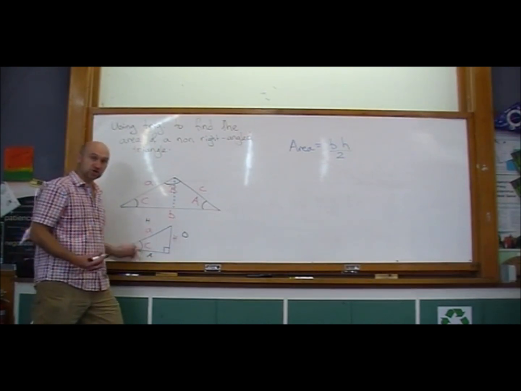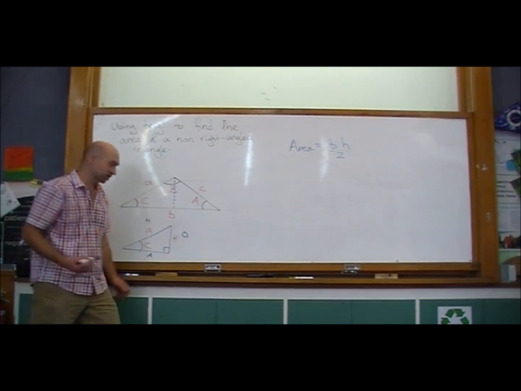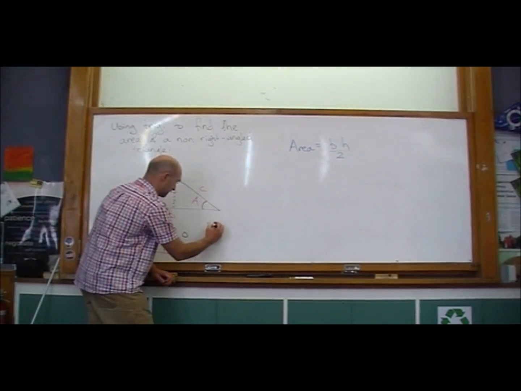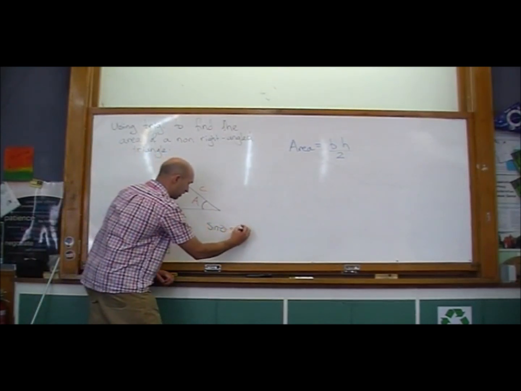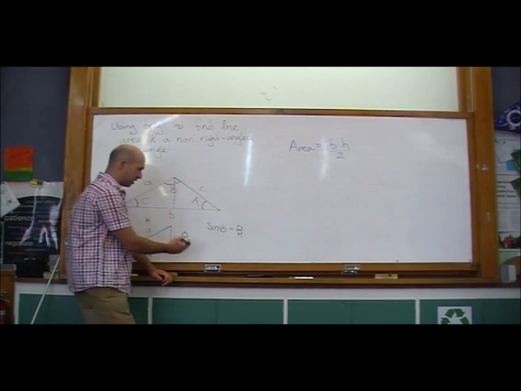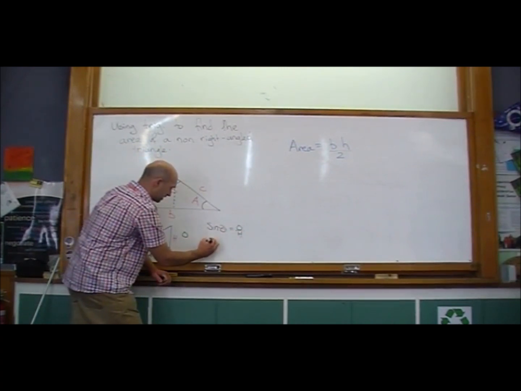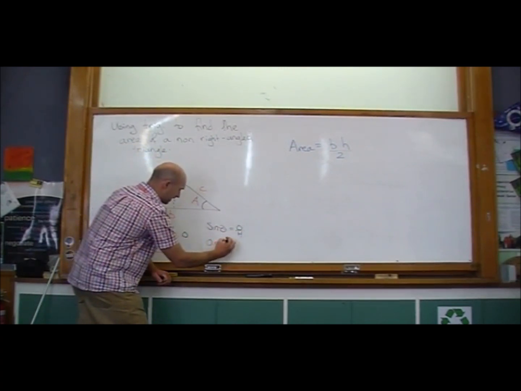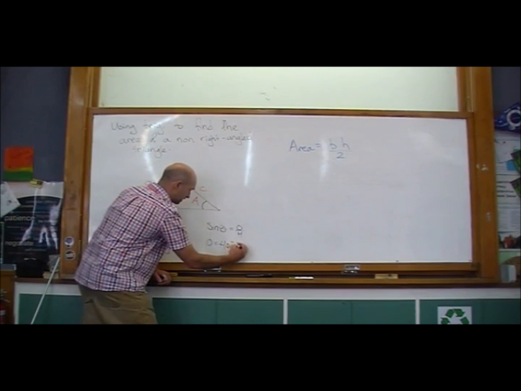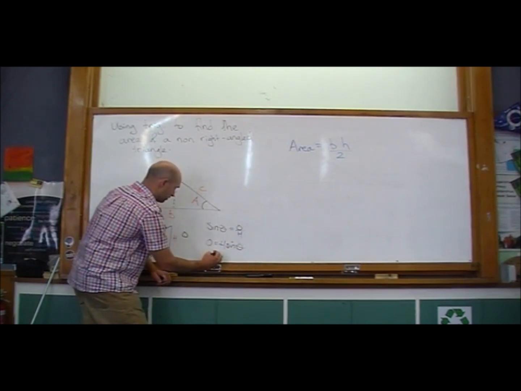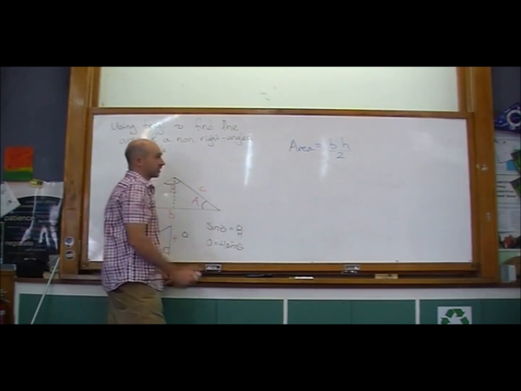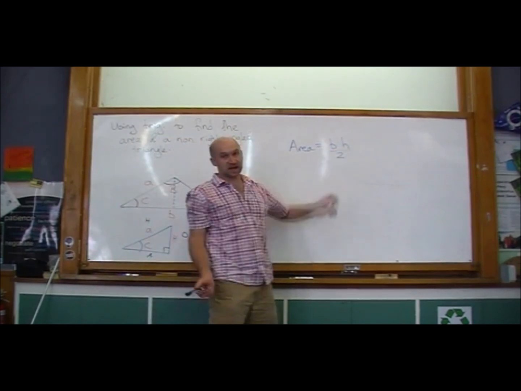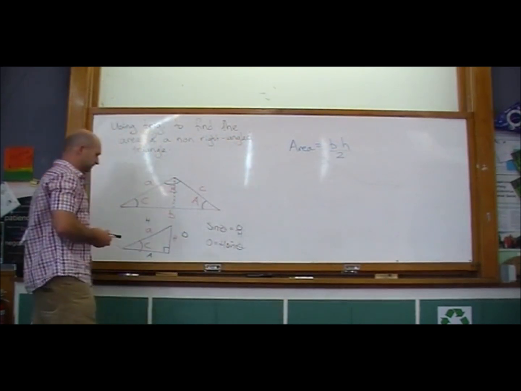The O and the H means that it's going to be the sin function, so sin theta is O over H. The O, the height, is H sin theta, and so the O, which is the height, is what we can substitute in up here as the H.